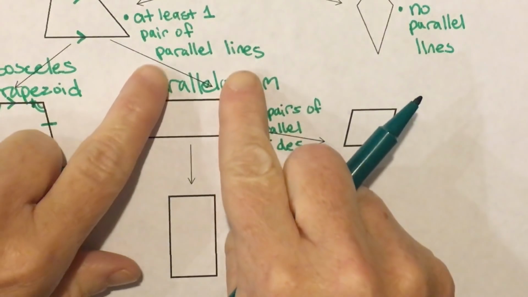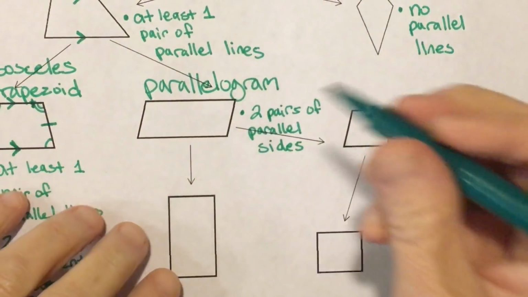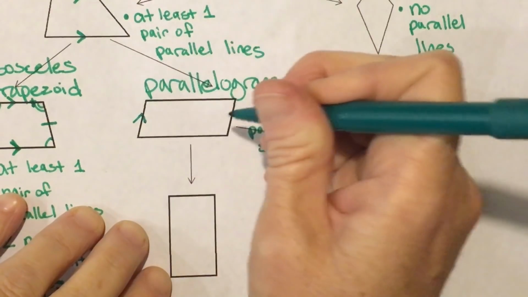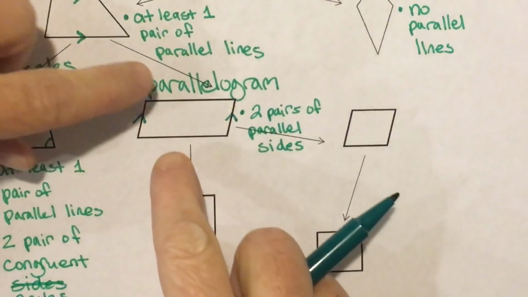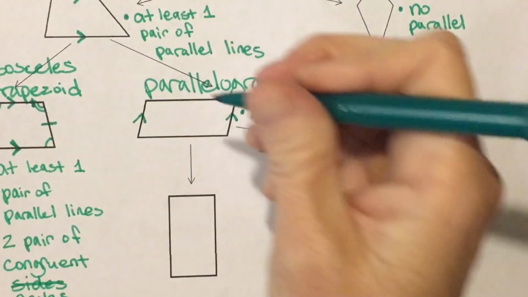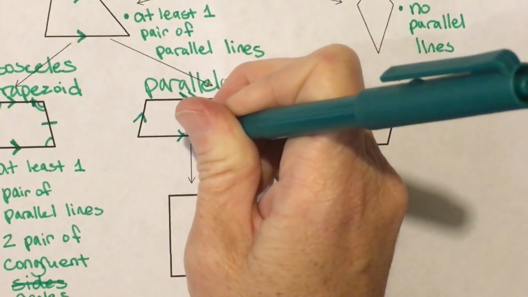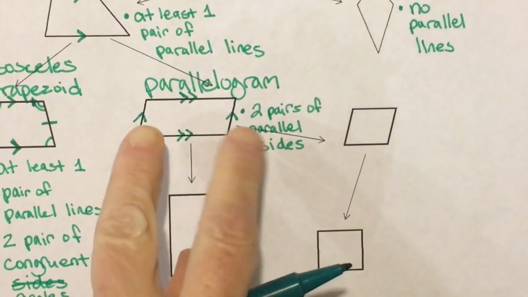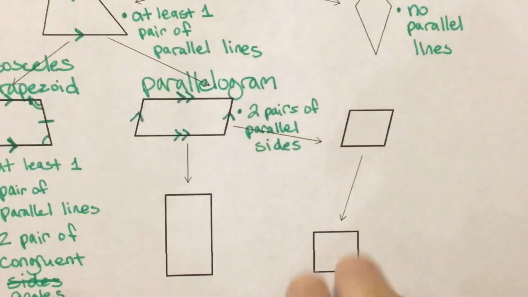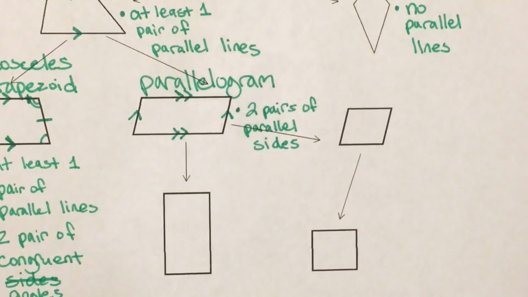So these two sides will never ever touch, and then these two sides will never touch. So I can do two of them to show that those ones are a team. So those will have one symbol because they're a team, and these have two symbols.